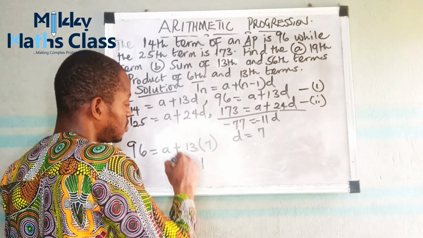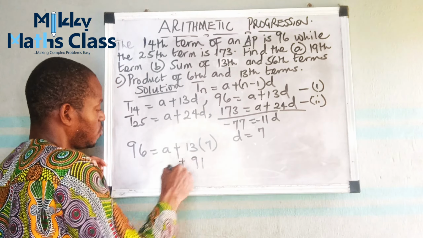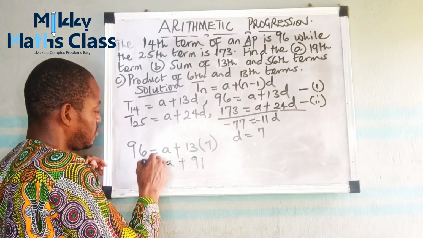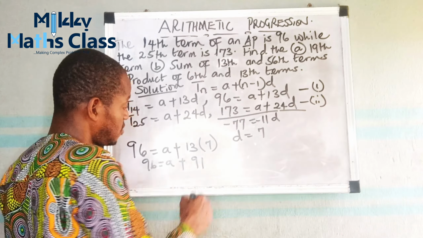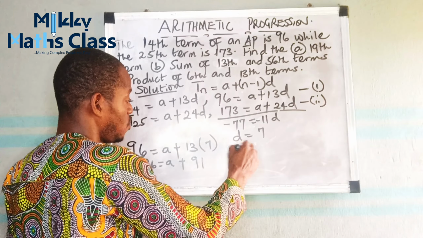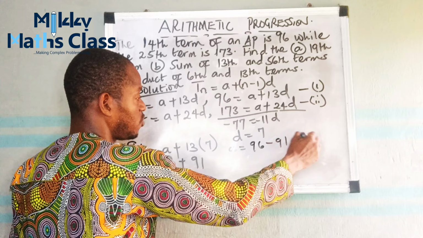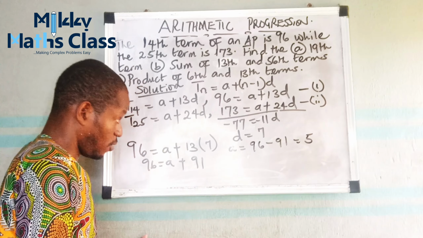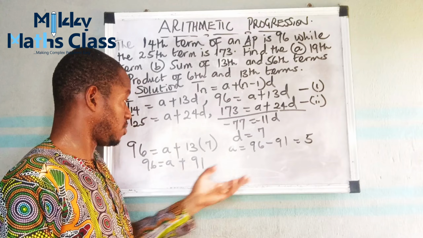This is 91 plus a, equals 96. So subtract 91 from both sides, so our a will be equal to 96 minus 91, which is equal to 5. So we have gotten our a, the first term of that sequence, which is 5.